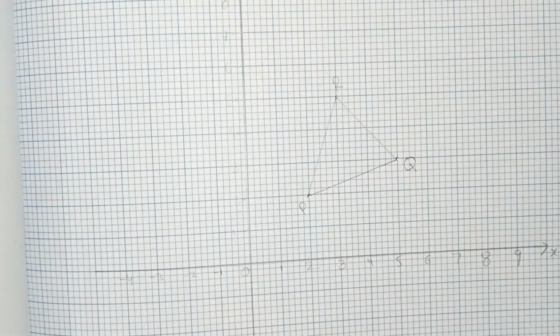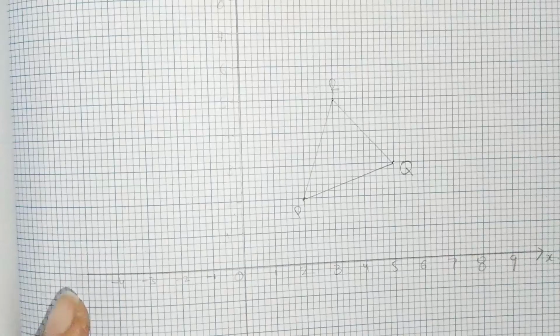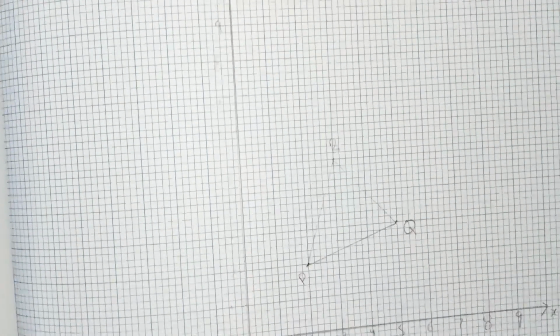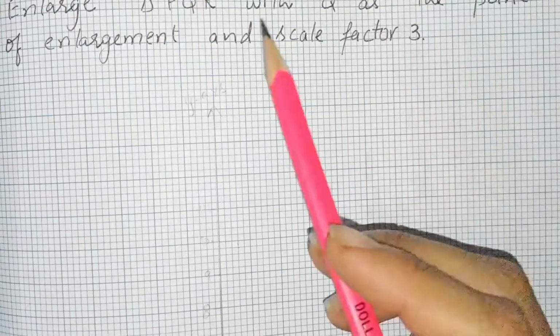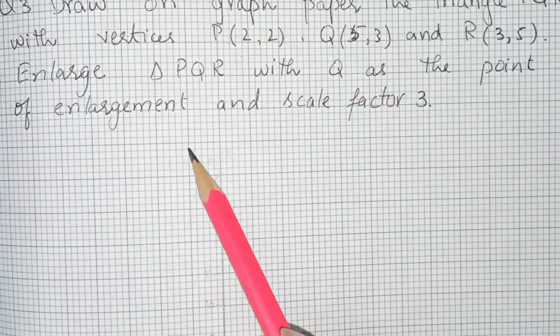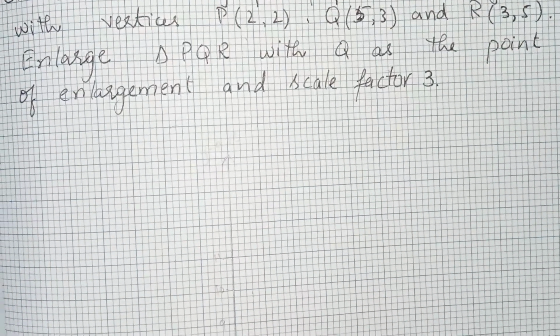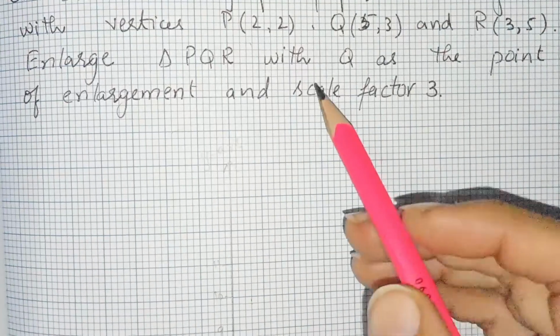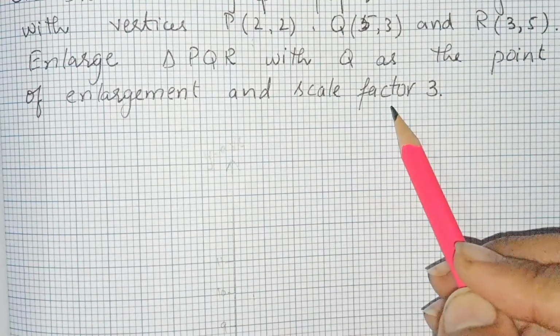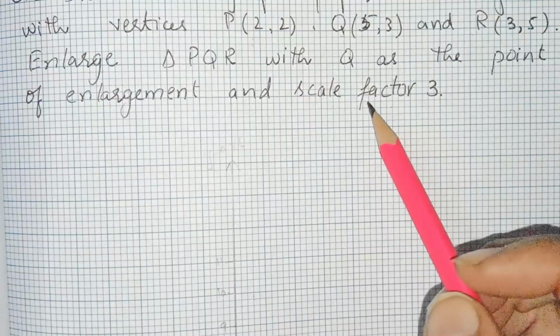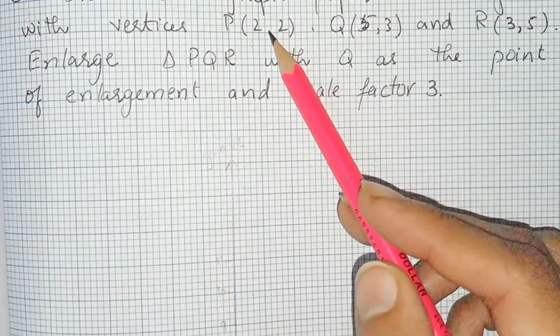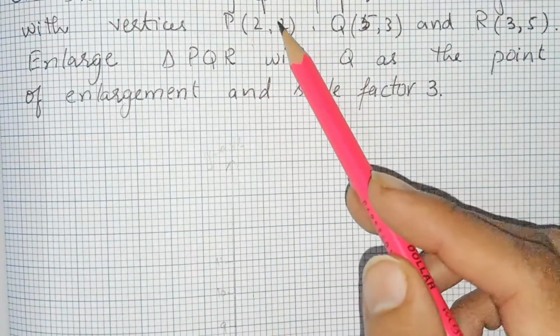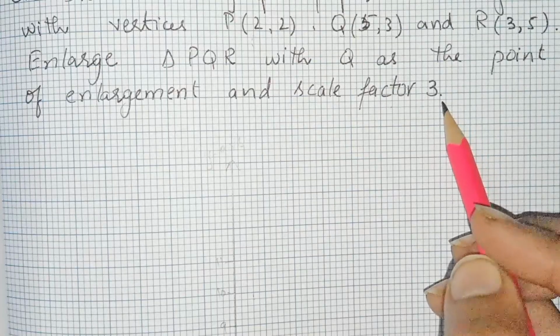Now, since this is our triangle PQR, we have to enlarge this triangle with Q as the point of enlargement. In question number 2, the origin is the point of enlargement. That's why we multiplied the vertices by the scale factor. Now, we do not multiply these vertices by 3.